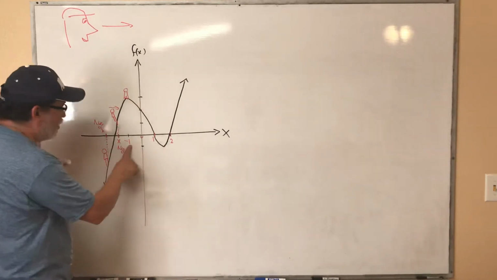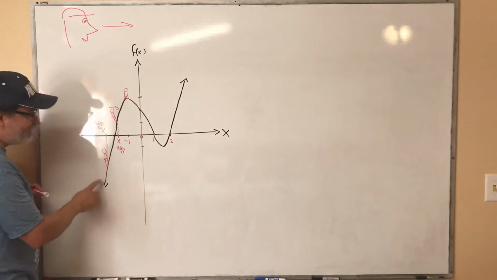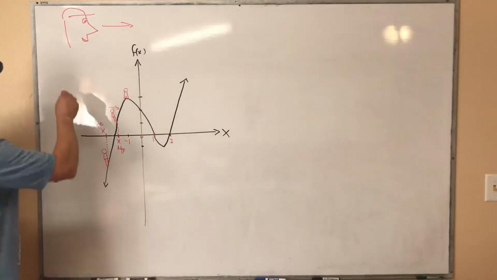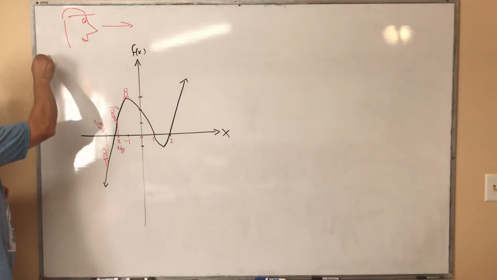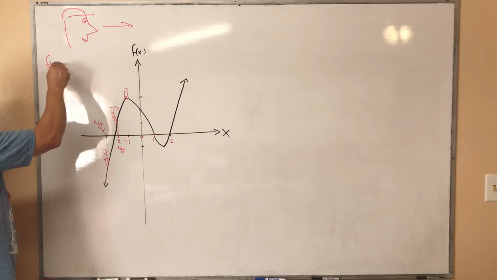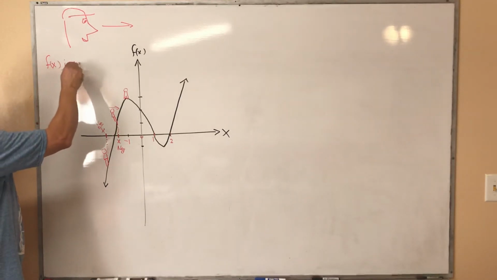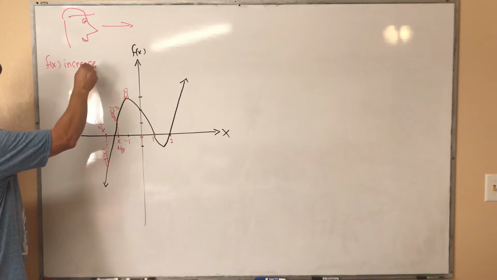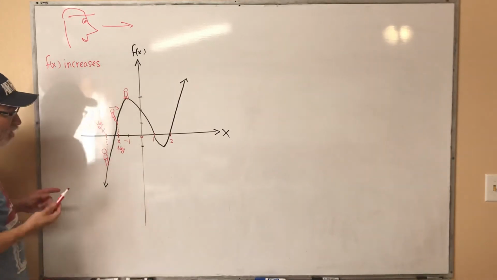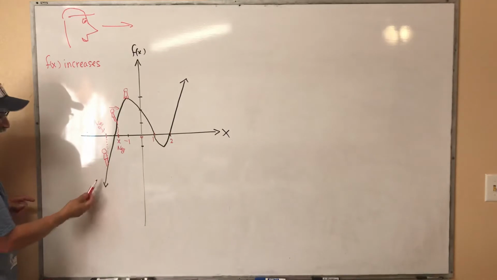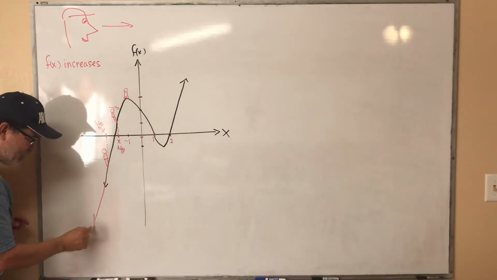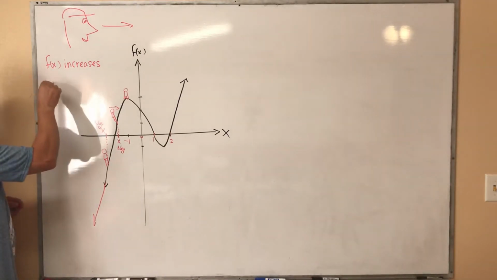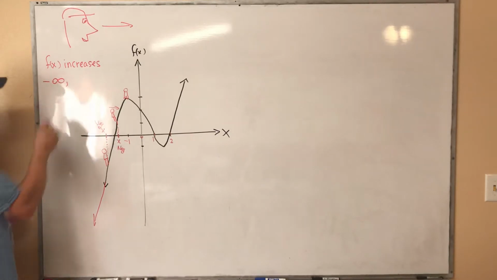So it seems to me that this function is increasing. F of x increases. So far, from negative infinity, because this goes forever and ever, from negative infinity up to what?